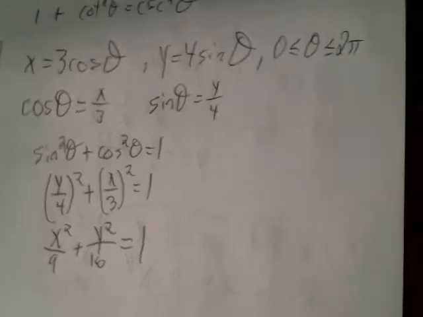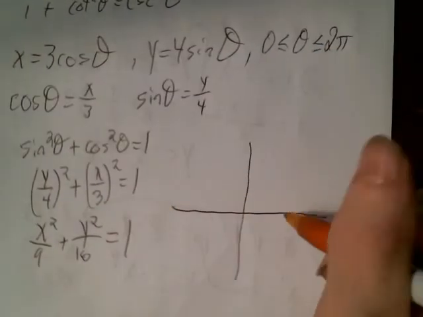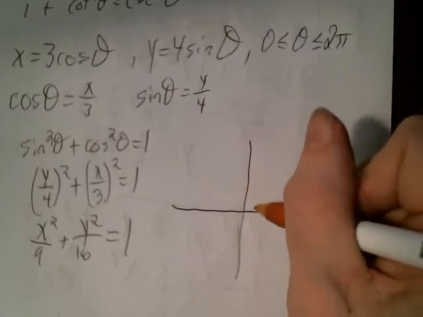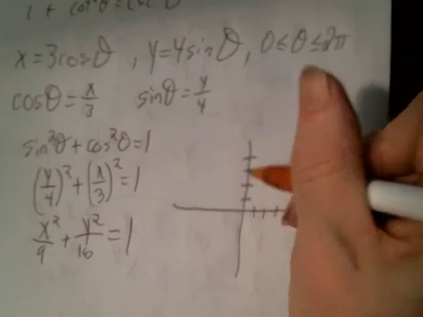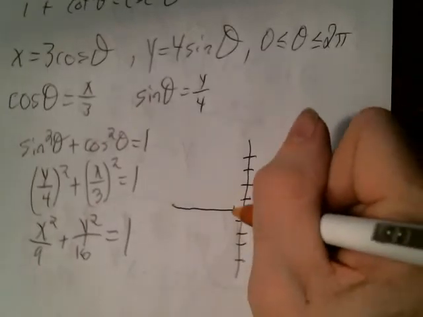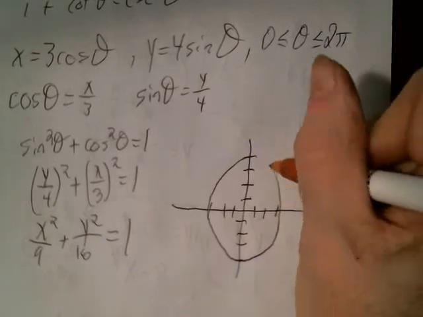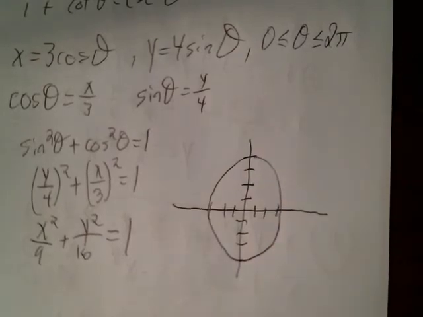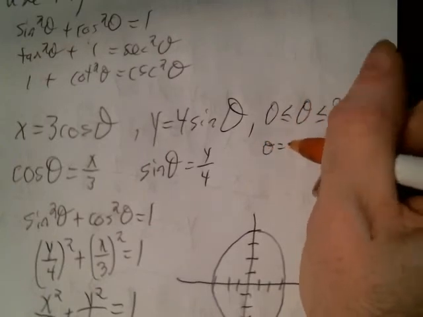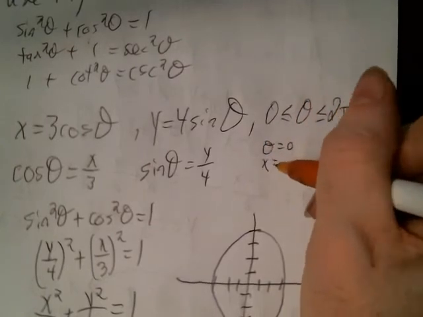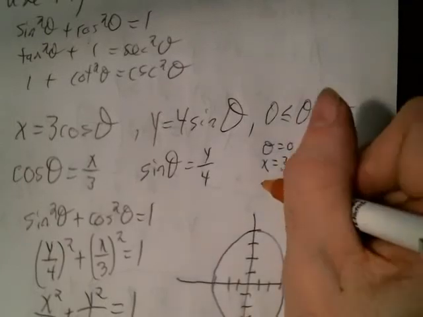Okay. The A value is 4, the B value is 3, center is 0, 0. So it looks like this. We need to figure out the orientation, so you can do a table to figure that out. So when theta is 0, x is equal to 3 times cosine of 0, which is 1, so x is 3.